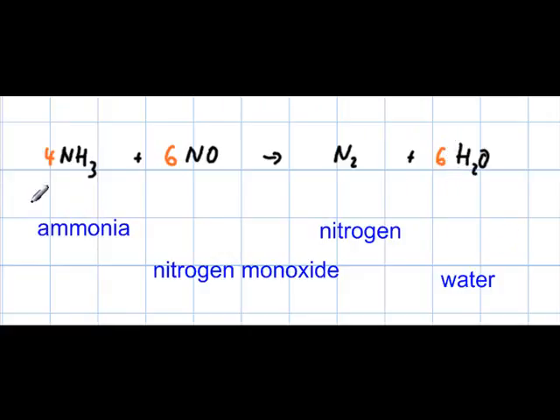Notice, just to check, as I doubled everything, of course the hydrogens and the oxygens still need to be balanced left to right. So here I have 12 hydrogens, 4 times 3, and here I have 6 times 2, 12 hydrogens. I also have 6 oxygens, matching the 6 oxygens over here.